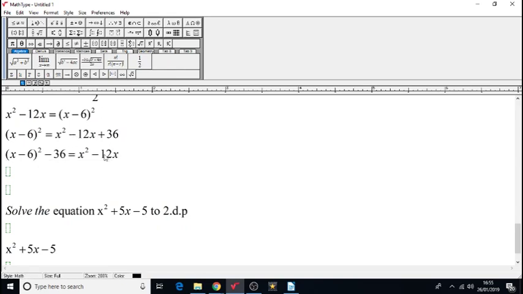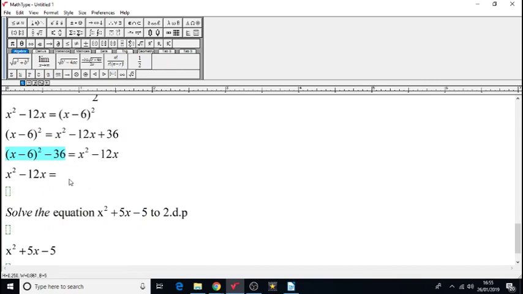So again, we just have them switch positions. So we put x squared minus 12x is equal to, open bracket, x minus 6 squared minus 36.